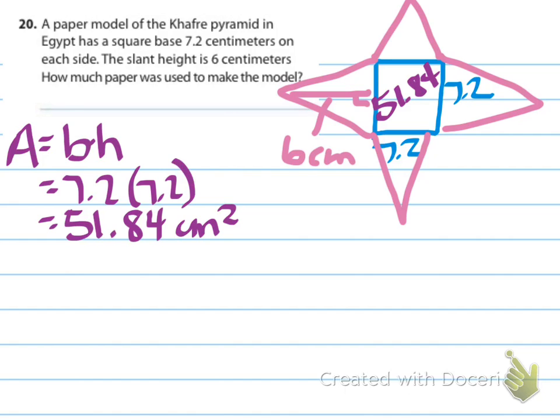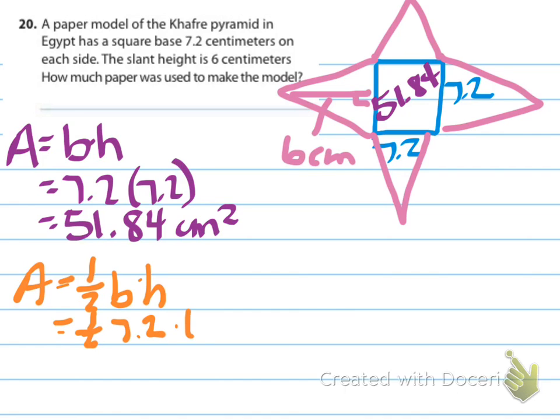51.84 centimeters squared. Then we're going to find the area of the triangles, which is going to be 1/2 base times height. So 1/2 of 7.2 times 6. I'm going to swap out and do 1/2 of 6 to get that taken care of right away, because 1/2 of 6 is doable.